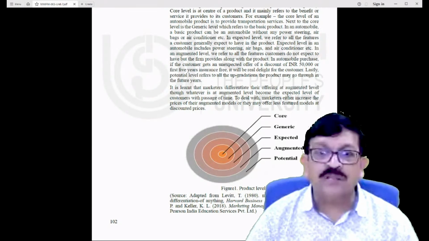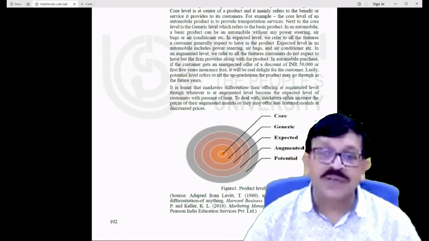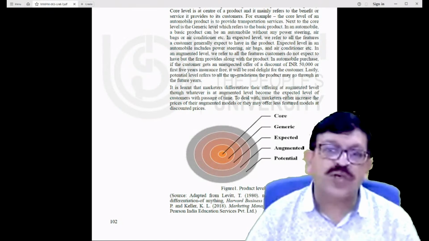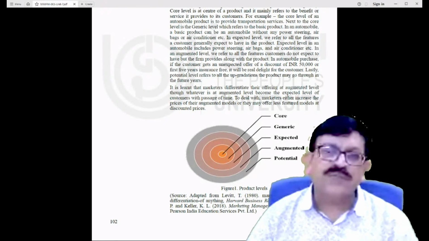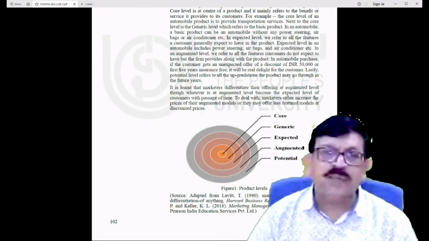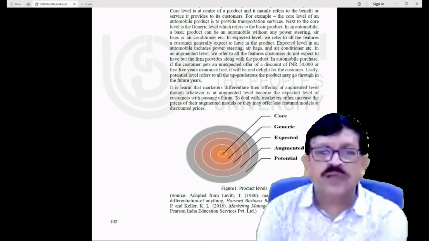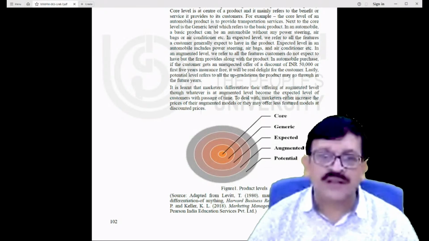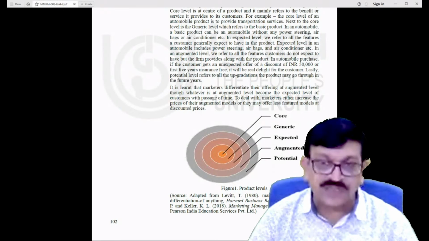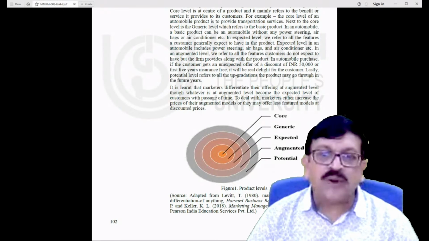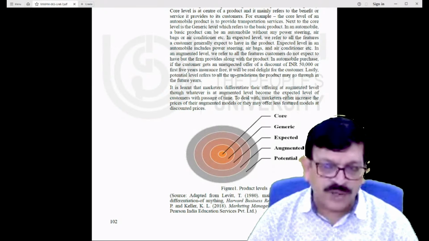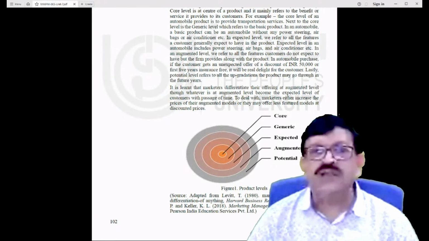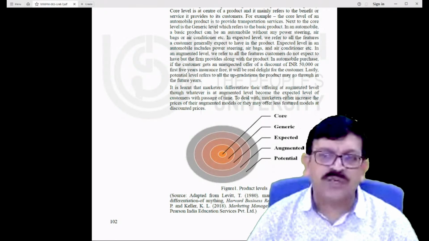When you say it's a wristwatch, there are certain expectations that a customer would have, and normally these are factored into the product. These are the expected areas that a product manager has to look into while offering the product into the marketplace. Till such time, the product is not necessarily able to differentiate from the other offerings in the marketplace.